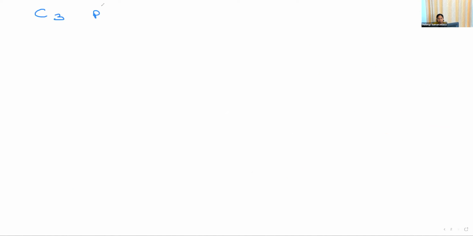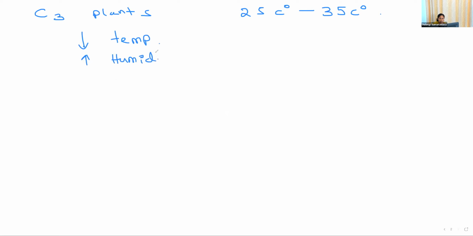So rewrite this one. C3 plants are the ones around the normal temperatures, most of the time around this range. So they will experience lower temperatures and higher humidity. Right? So if they experience this condition, they can leave the stomata open.